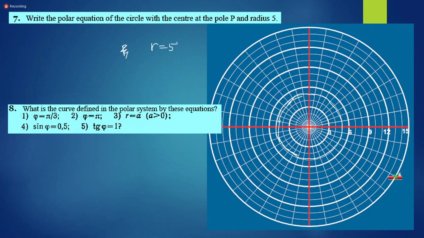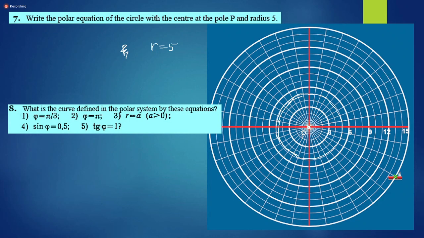That's it. This is the equation of a circle with the center at the pole P, you can call it P or O, it doesn't matter, and radius 5. So r is 5 for all values of the angle. This is an equation of the circle centered at the origin. Again, something extremely simple.